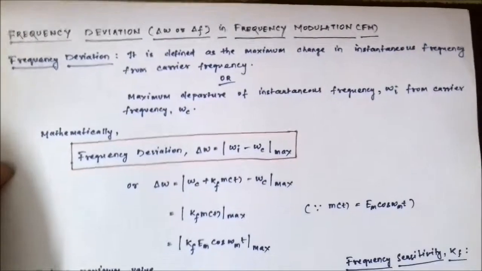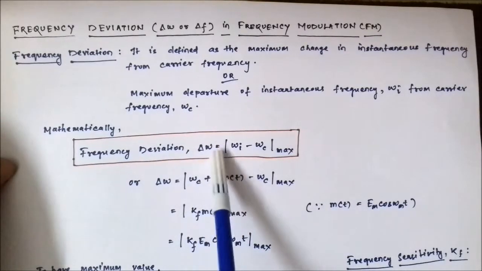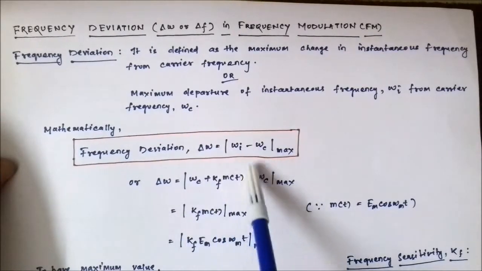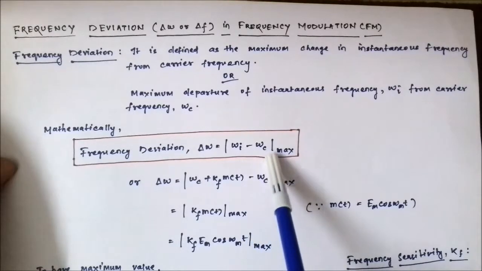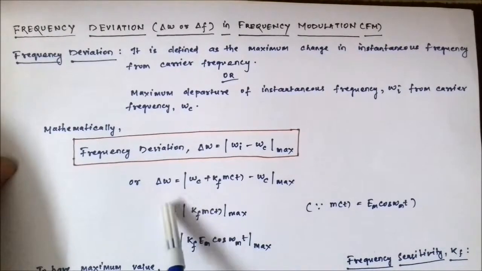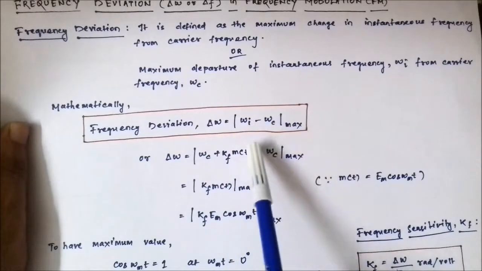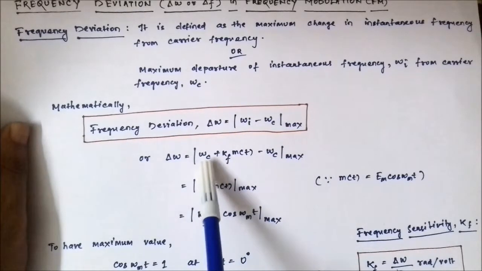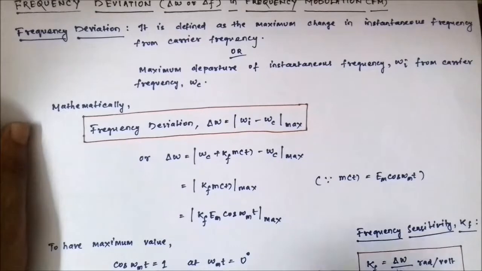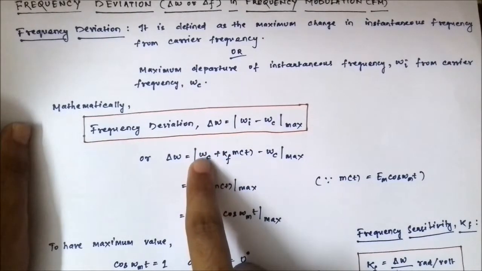In mathematical terms, frequency deviation is given by delta omega equals modulus of omega subscript i minus omega subscript c, max, the maximum change. It can be further written with the instantaneous frequency, which we know is given by omega c plus kf m(t), which is the frequency modulation process as we discussed in the previous video.